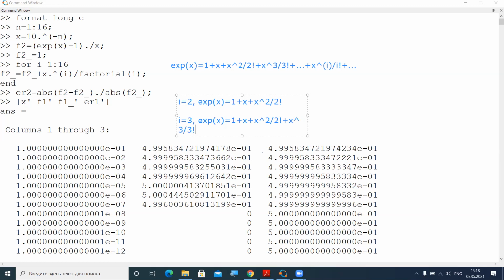Yes, understood. This is a cycle, and we can find all terms this way for the Taylor polynomial of e to the power of x.